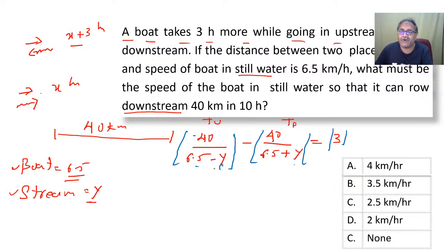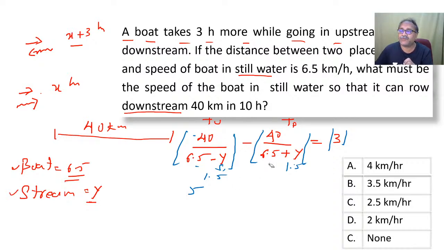So what should be the value of y? If I take y as 1.5, what happens? 6.5 plus 1.5 is 8, which divides 40. And for the upstream, 6.5 minus 1.5 is 5, and 5 divides 40.